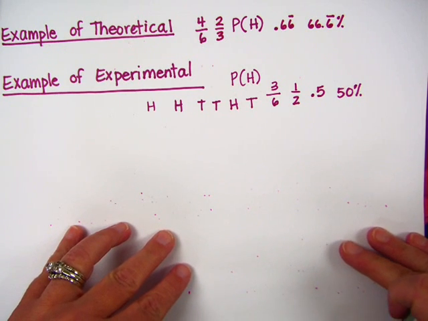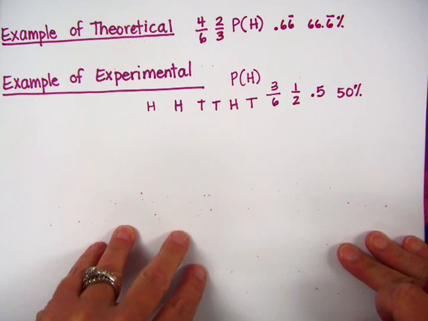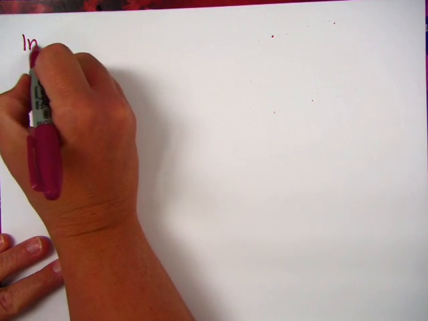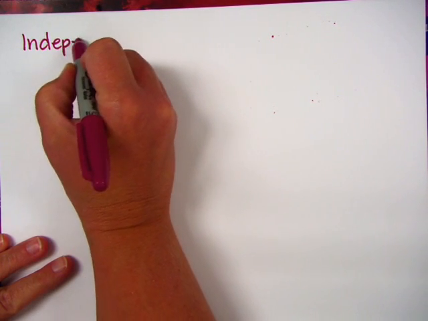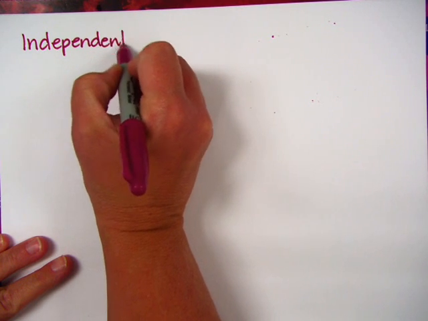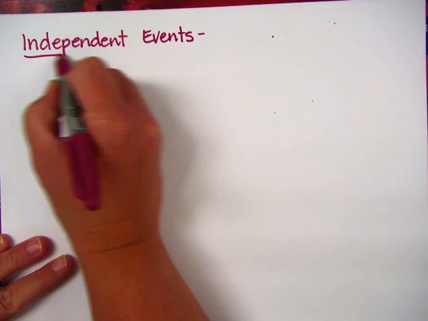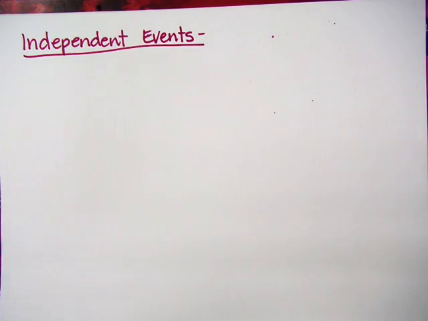Now, the two that you need to know more about are the events. You need to be able to identify independent and dependent events. So, let's talk first about independent events. These are the ones where an outcome is not affected by anything else.